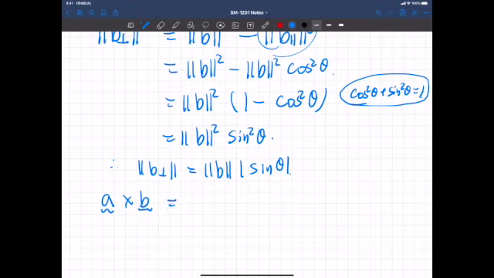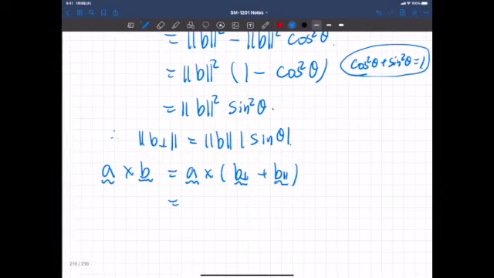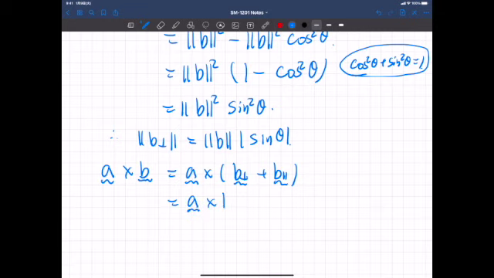But B is, of course, B perpendicular plus B parallel, and so A cross B is A cross B perpendicular plus A cross B parallel. However, A and B parallel are parallel to each other, right?